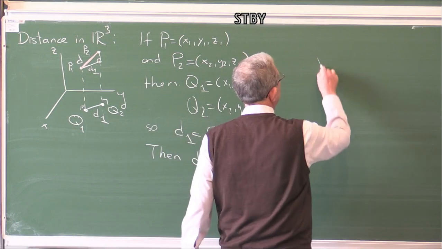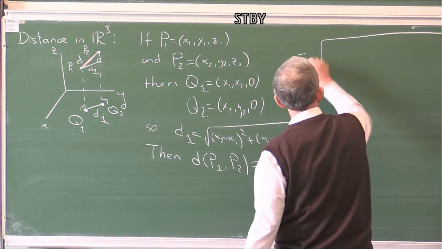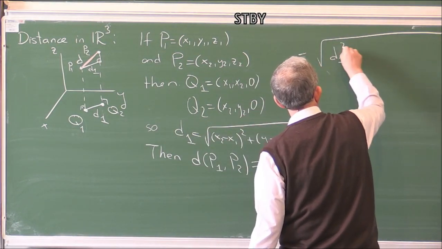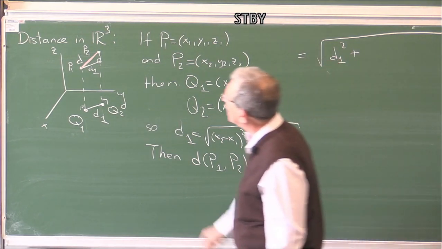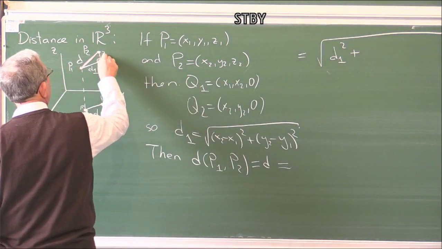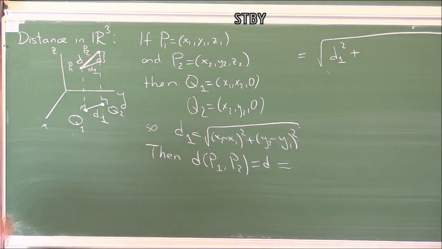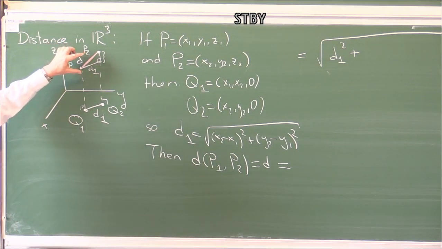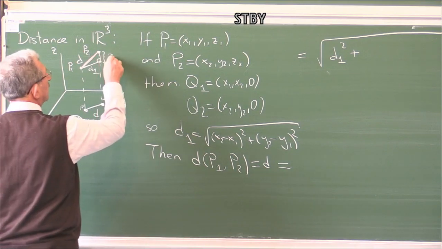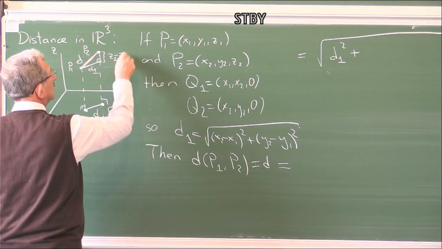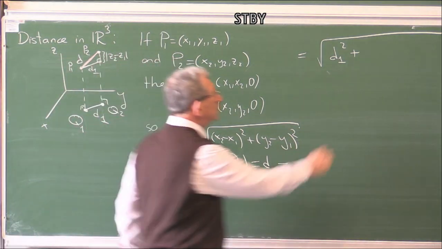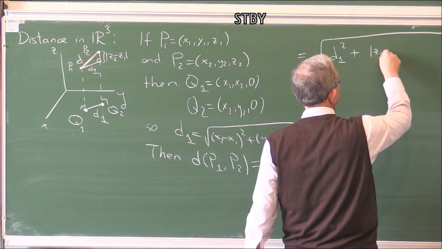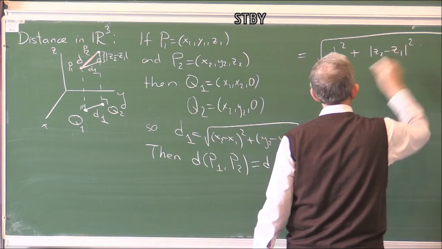So it is then the square root of d1 squared plus the vertical distance we have here. But that vertical distance is the distance between the z coordinates. So it is nothing but z2 minus z1, so it is (z2 minus z1) squared.